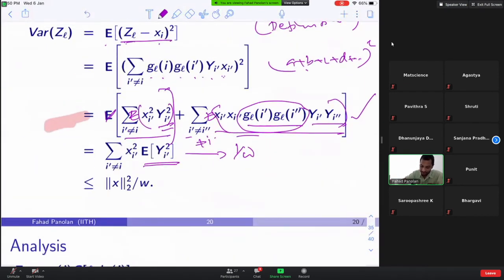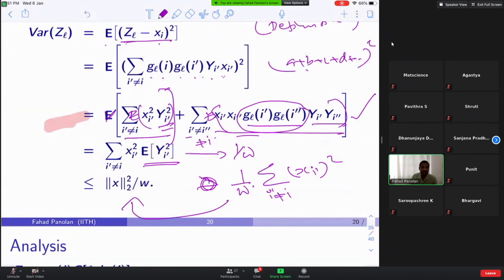Now, what does this correspond to? This corresponds to 1 by W times summation xi prime square, I prime not equal to I. And this is at most this quantity. Agree?